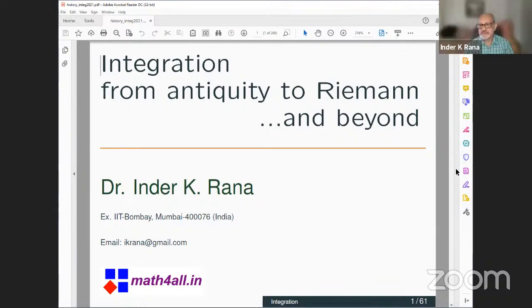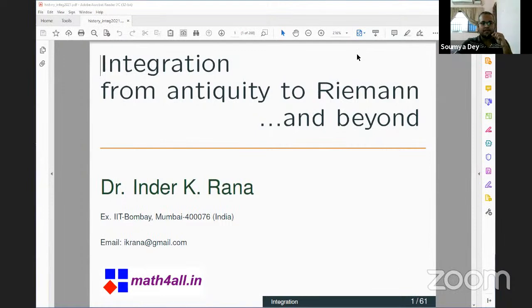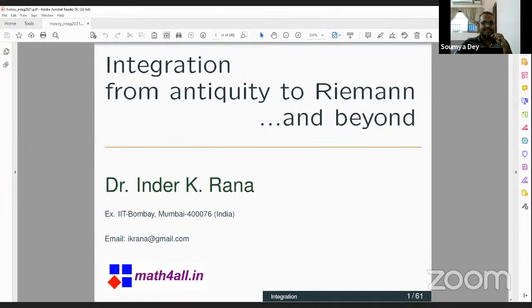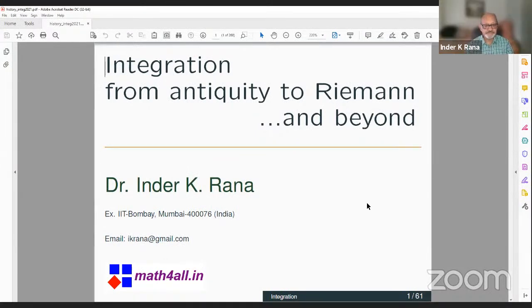Okay, enlarge it a bit. Can you make it full screen? Is it possible? Yeah, you can, but full screen sometimes hides those controls. Okay, no, it's okay. Yeah, I think this is good enough.